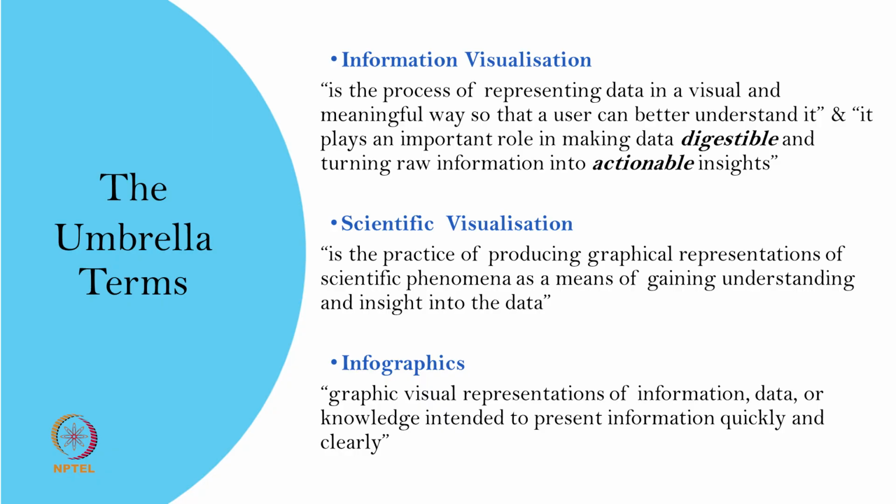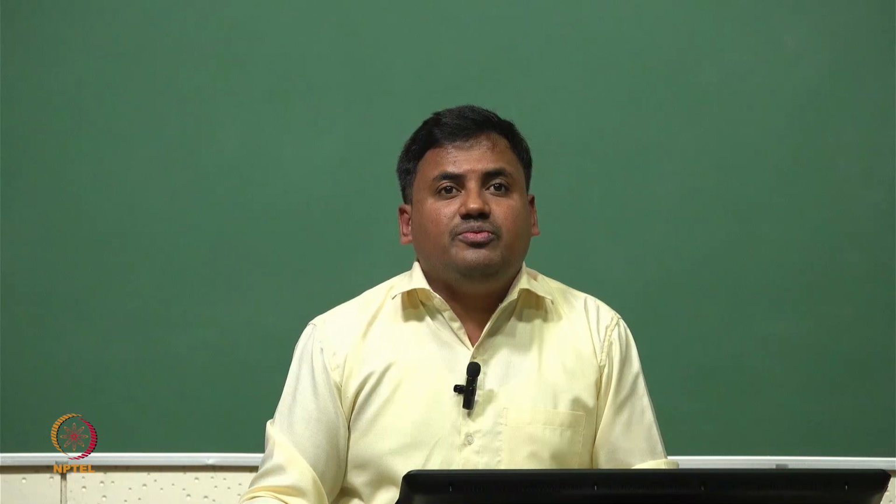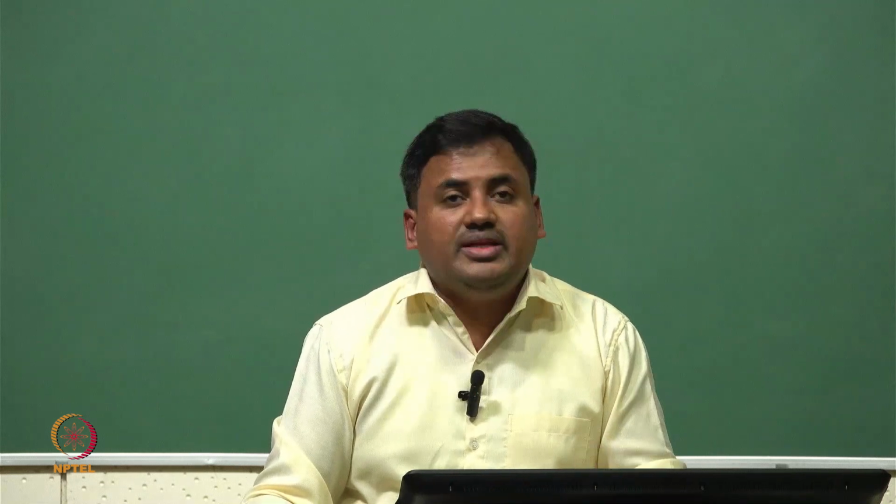Data visualization combines three umbrella terms: information visualization, scientific visualization, and visual analytics, which are the infographics. Information visualization is the process of representing data visually and meaningfully so that the user can understand it better.